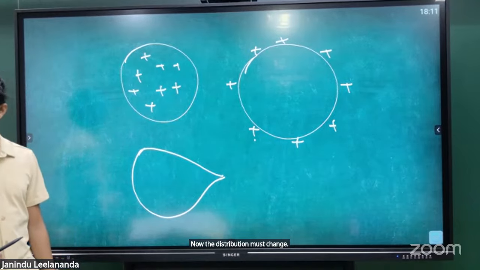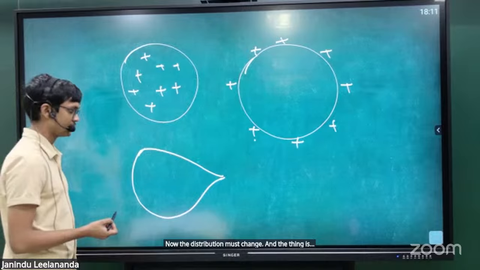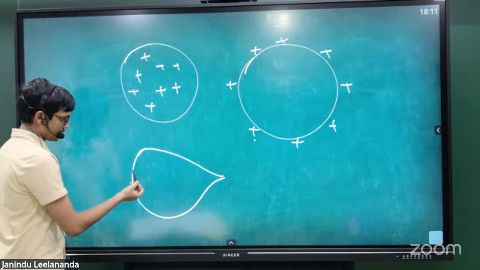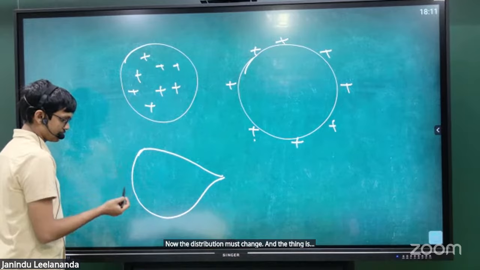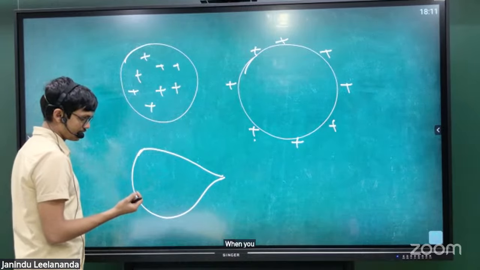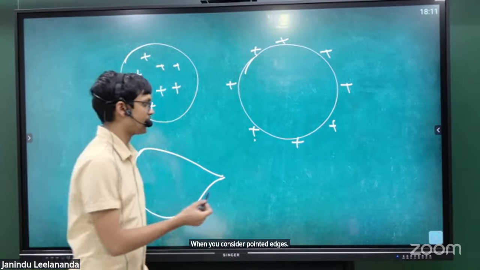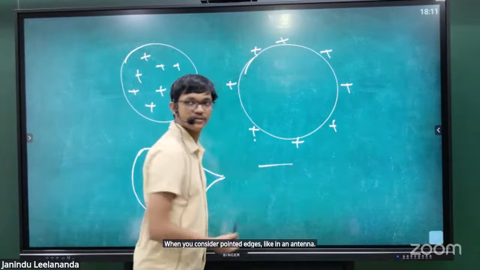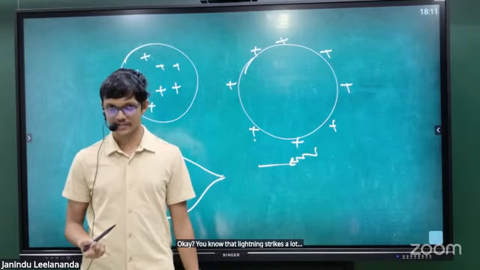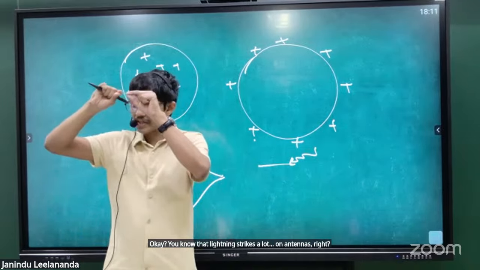And the thing is, when you consider pointed edges, like an antenna, you know that lightning strikes antennas a lot, right? Because it's a pointed place.